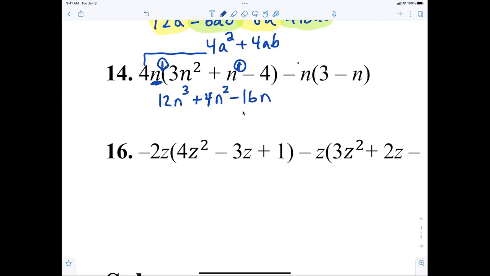Distribute this for me. Now wait a minute. Right. Don't forget it's negative though, right? And then it's one. Negative times a negative. So 1 times 1.